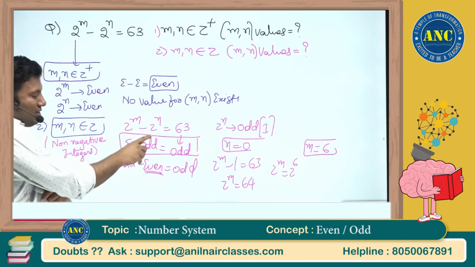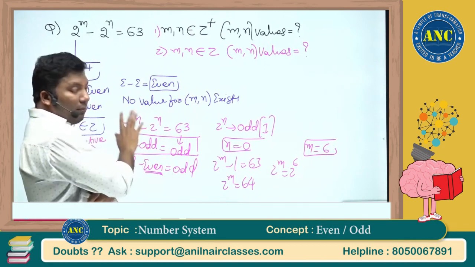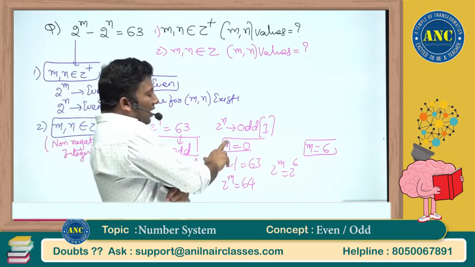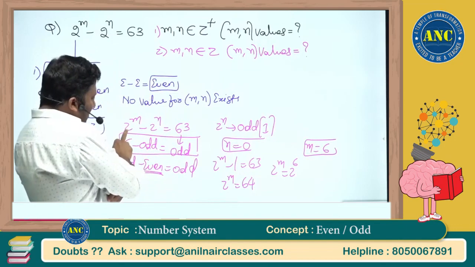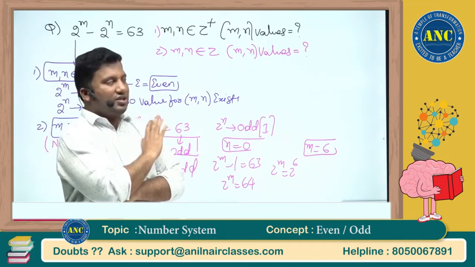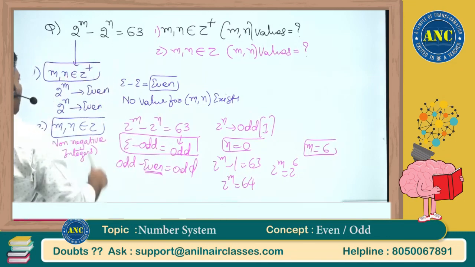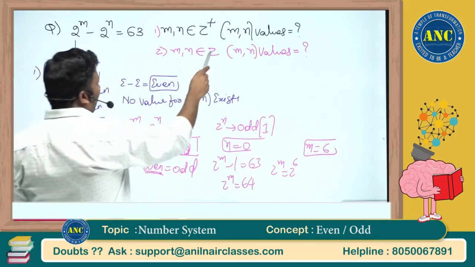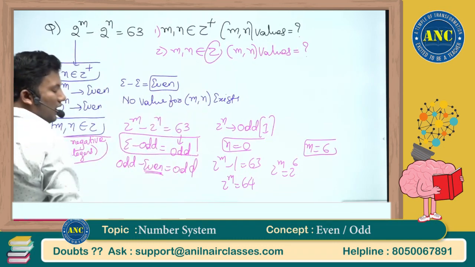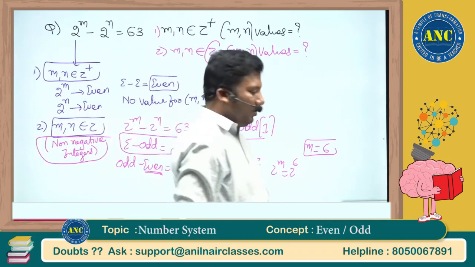Even minus odd is an odd number. 2 power n can be an odd number only when n equivalent to 0. N is 0, 2 power m is 64, m will become 6. Very good question. When I am referring to z here, I am referring to non-negative integers.